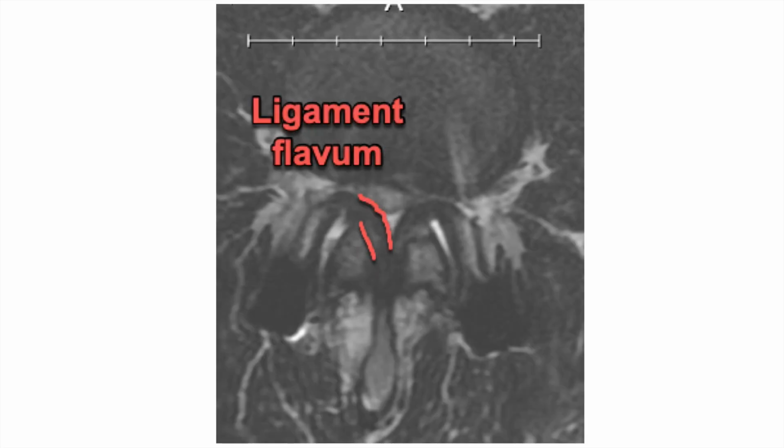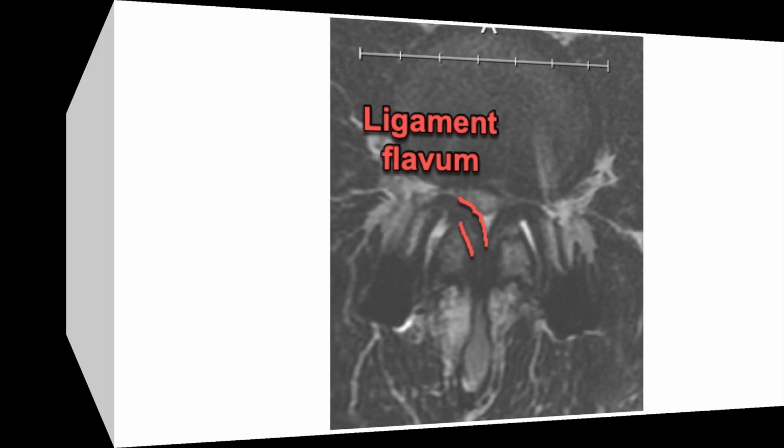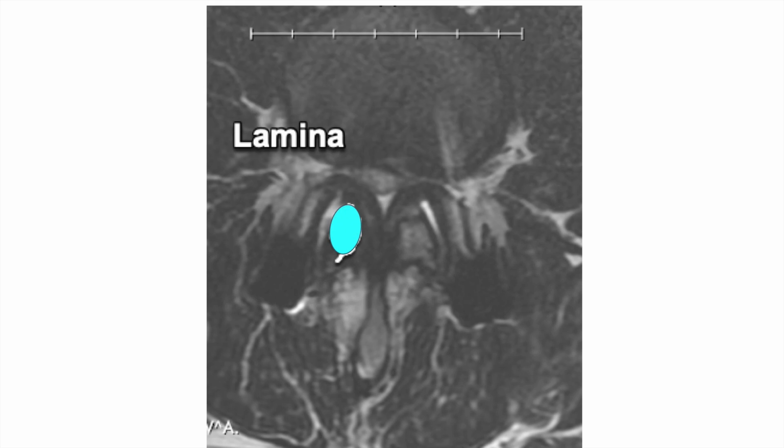So there we can see the ligamentum flavum attached to the bone on this axial view. And here's the lamina. If we take a small portion of the lamina, like the size of that little oval, right underneath it, heading toward the spinal nerves or the cauda equina, is the black stripe with the ligamentum flavum.